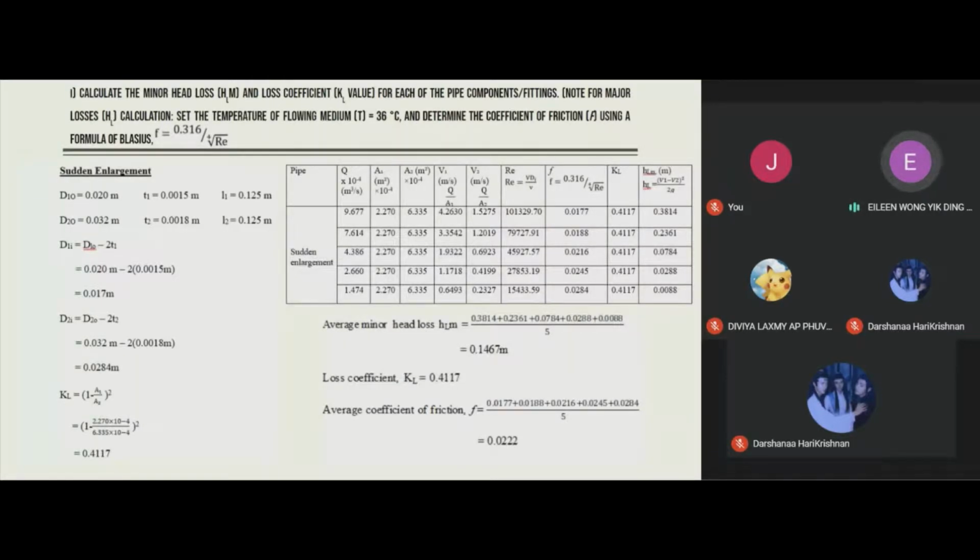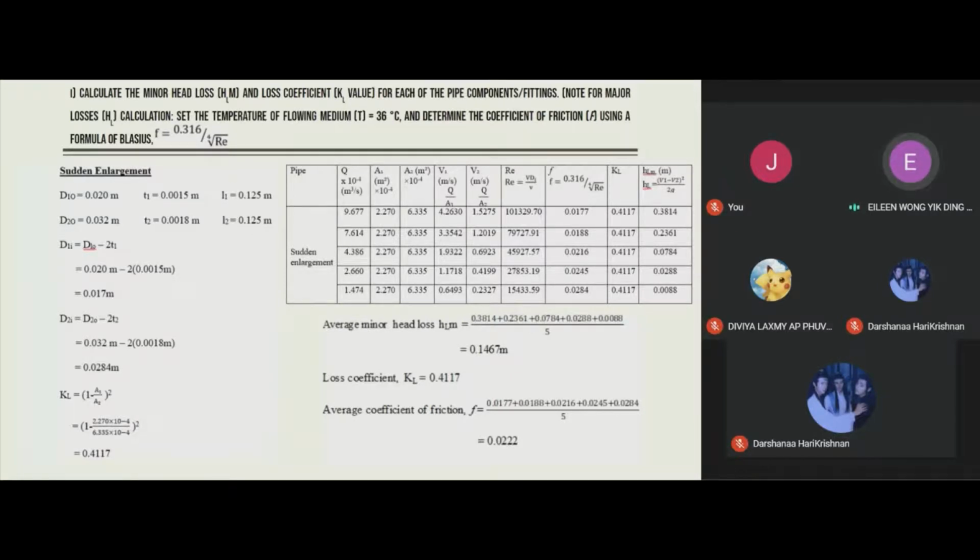For the friction coefficient, we use the formula of Borda, and the K is equal to 1 minus area 1 divided by area 2, squared. For the HL, the minor head loss is equal to V1 minus V2, squared, over 2g.